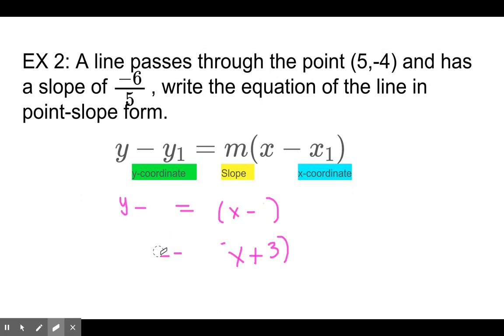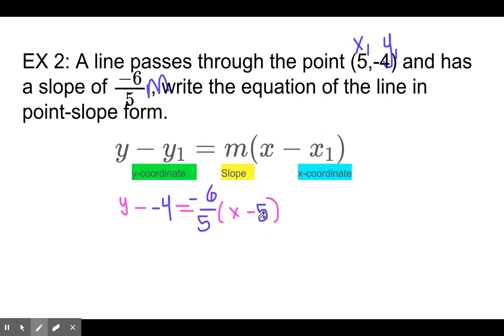All right, so now we're going to plug those in. This is our x1 and y1, and this is our m. So it's going to be y minus, and then again, that's a double negative, so -4. Our m is -6 over 5, and then our x is 5.